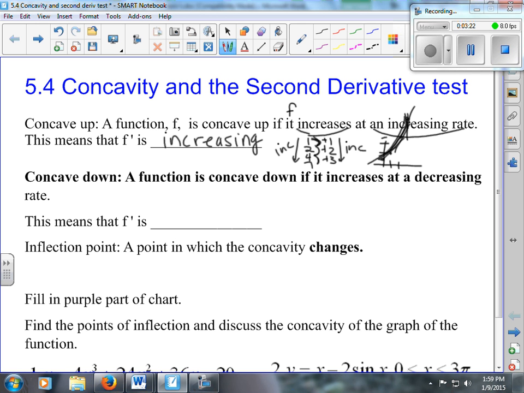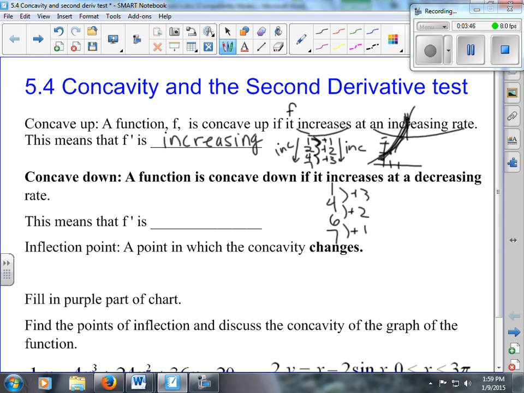So let's say that my values are 1, and then I jump up 3 to 4. And the next time I only jump up 2 to 6. And then the next time I only jump up 1 and I get 7. So this time I went up 3, then 2, then 1.